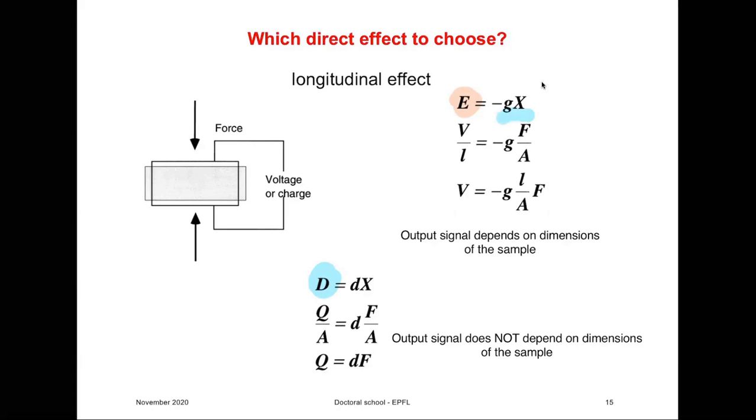With the G coefficient, we are applying a pressure, so this would be pressure, sometimes I use the letter X. When we apply pressure and we measure voltage, we notice that voltage depends on length and on area of the sample, as I just explained previously. And that puts some limitations on how you can do your experiment.